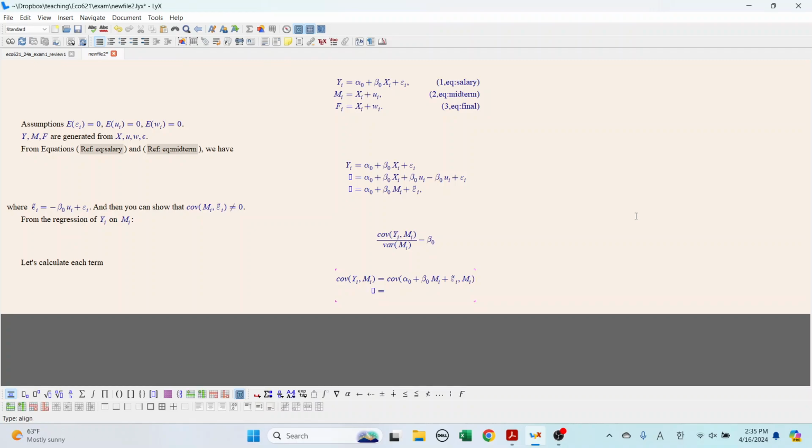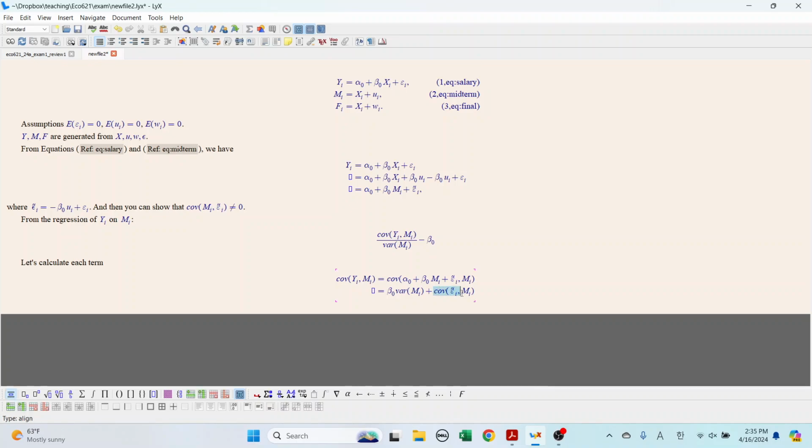Then, you know the details of the algebra, right? Like this, okay?